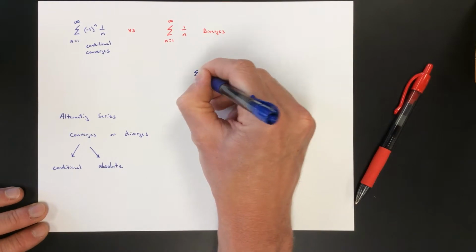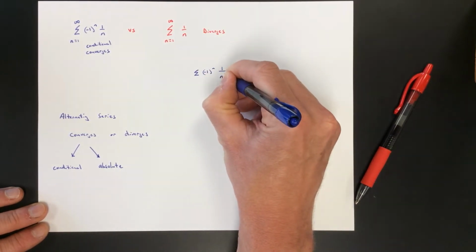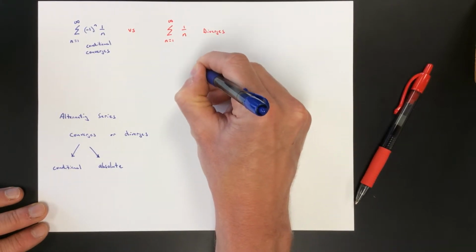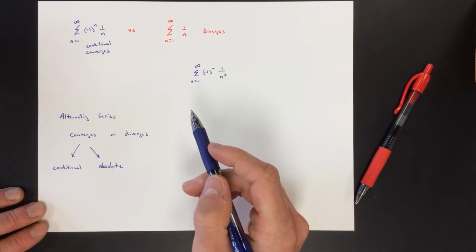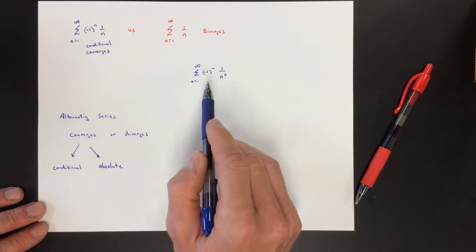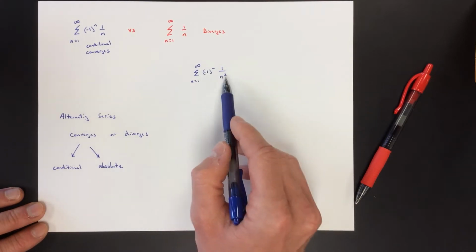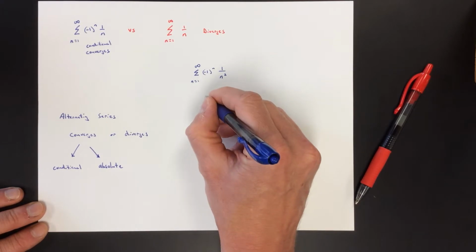So what about alternating 1 over n squared? It's an alternating series, so we go to the alternating series test. Is it alternating? Yes. Do the terms decrease in absolute value? Yes. Does this have a limit of 0? Yes. So this converges.